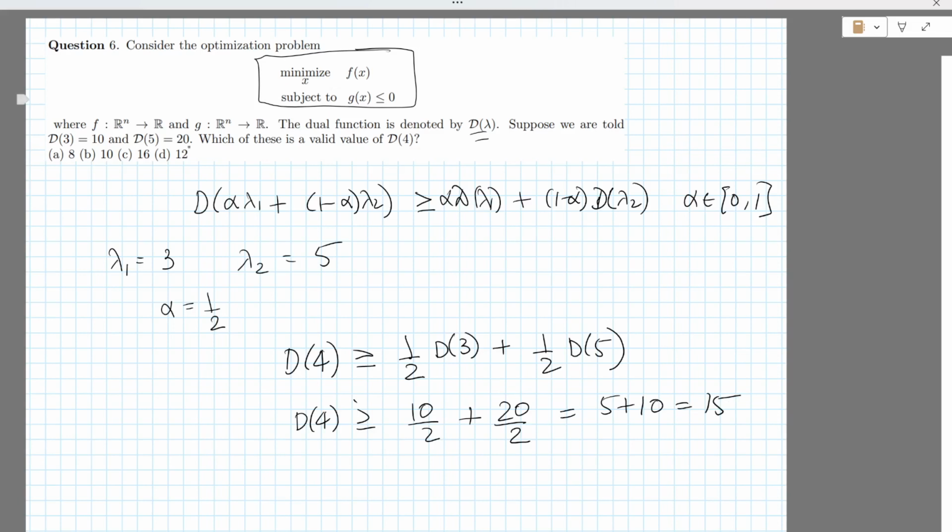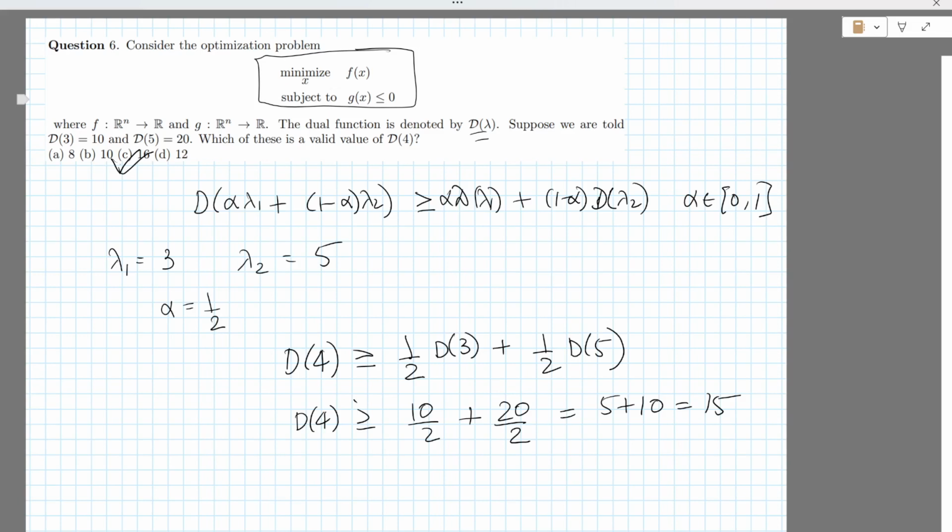So there is only one value which is greater than or equal to 15, and that is 16. So we can say 16 is a valid value of d of 4. Others are invalid. Okay. So maybe if we have more idea about f and g, then this may also become invalid.